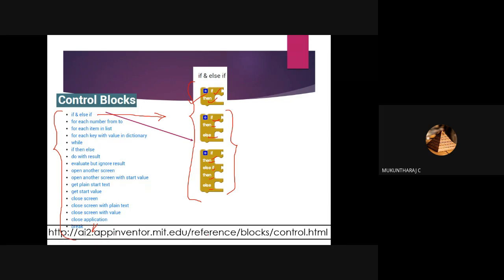Under reference, you can find all the information related to the App Inventor components, and in the blocks section, control. Likewise, you can learn each and every block in the list I showed you previously. That is how I used the word self-learnable. So far clear?